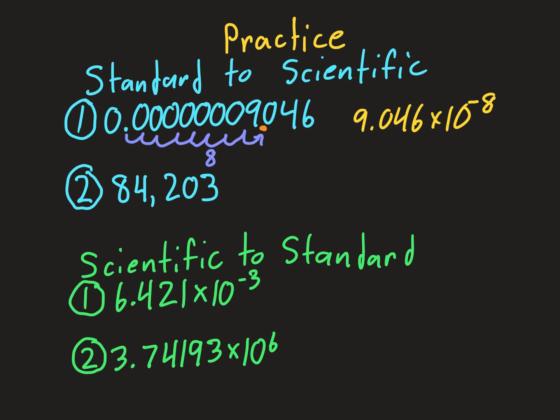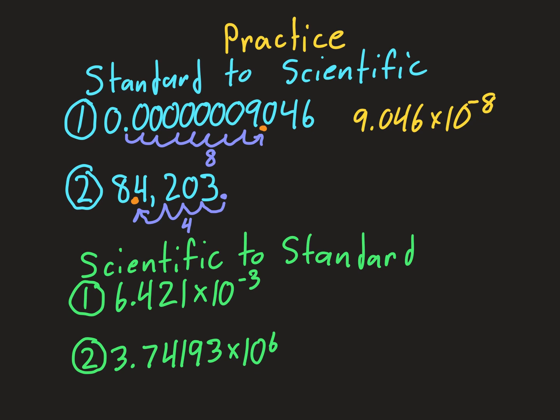Now let's look at number 2, 84,203. So, first things first, place your decimal after the first non-zero digit, so after the 8. In this case, there's no decimal, so we place our decimal at the end and then move it over 1, 2, 3, 4 places to where it's supposed to end up.